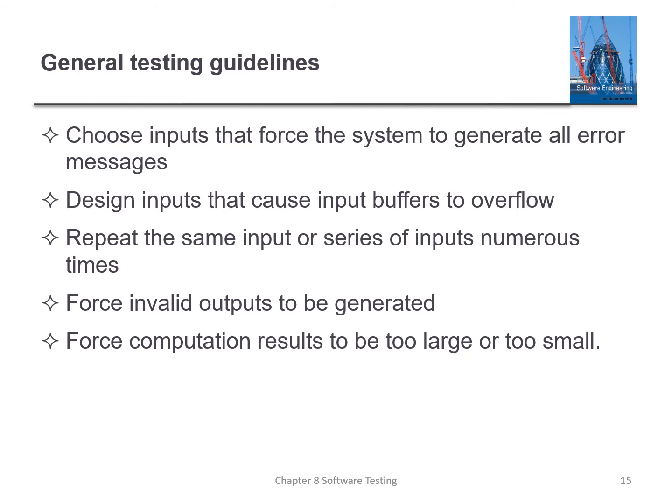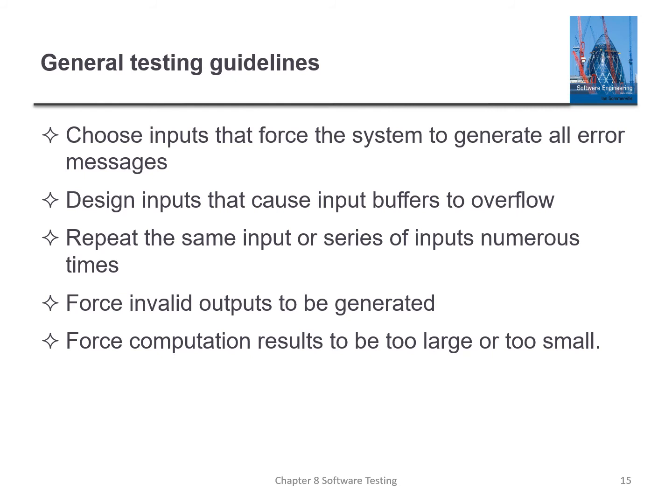When you try to identify the test data, choose input that forces the system to generate errors. This comes from your experience. Sometimes you know which data causes errors, maybe a very long name. See whether the system can process it. Also design inputs to cause memory overflow or buffer overflow.